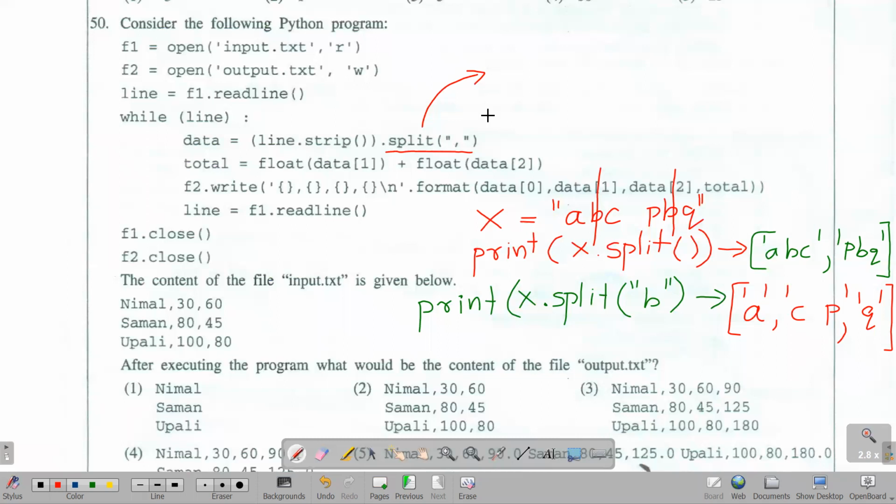Okay. So you can have this small note as well regarding the split. I'll write something about split as well. So, split function. How are you going to say it?